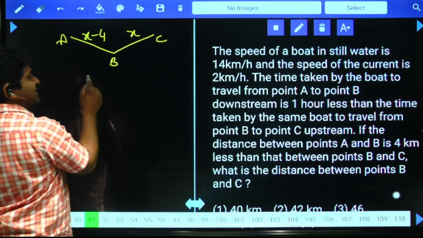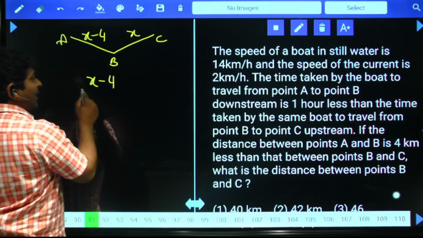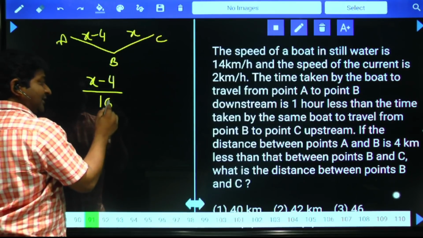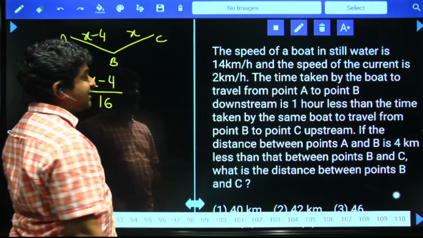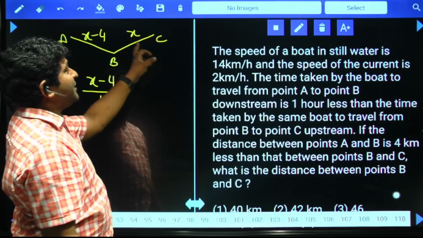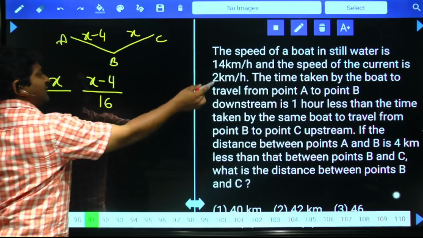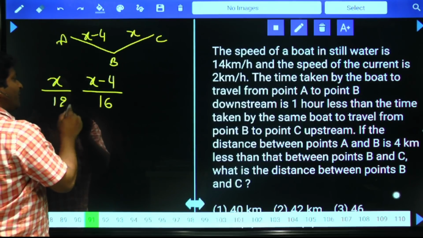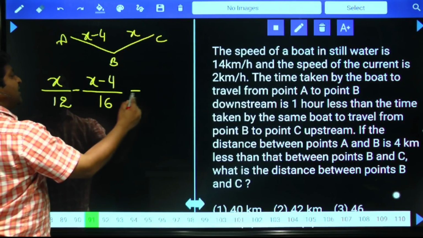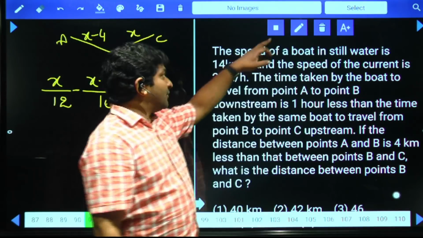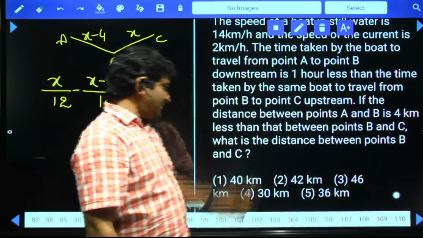A to B distance is x minus 4 and downstream speed is equal to 16. This time is 1 hour less than time to travel x kilometers upstream. Upstream speed is equal to 14 minus 2, that is equal to 12. And the time difference is equal to 1. And your question is about the x value. Find out the x value, the BC distance, so x.